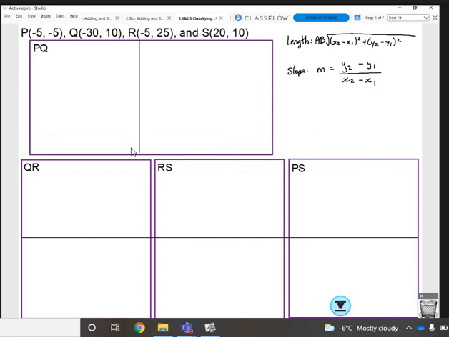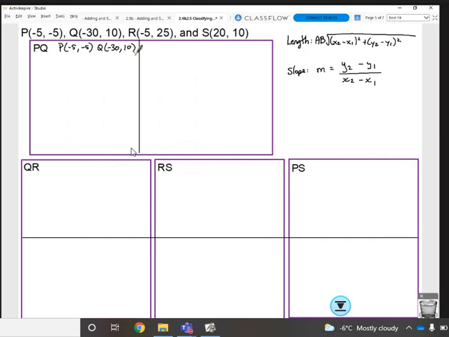So first, PQ. Now, really what we should be doing is writing the formula down for the first time every time here. But for the sake of space and fitting all of this algebra on a single slide, it might not happen, but we'll try. P, I like to write out the coordinate -5, and Q is -30, 10.